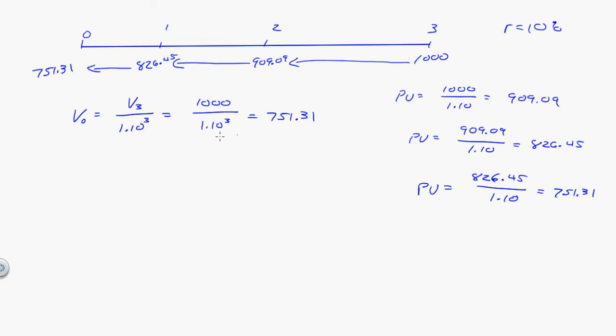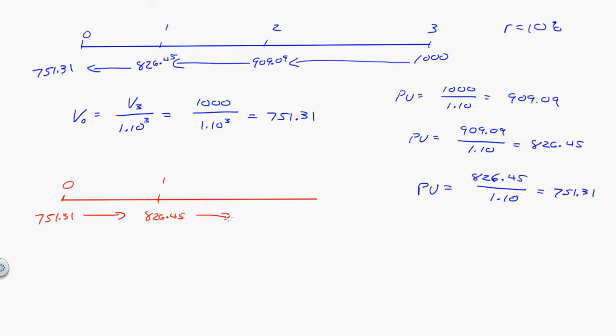That is 751.31. It's important to realize that the reverse is true. So I'll just do this in red. If I start out today with 751.31, at time 1 that would be worth 826.45.